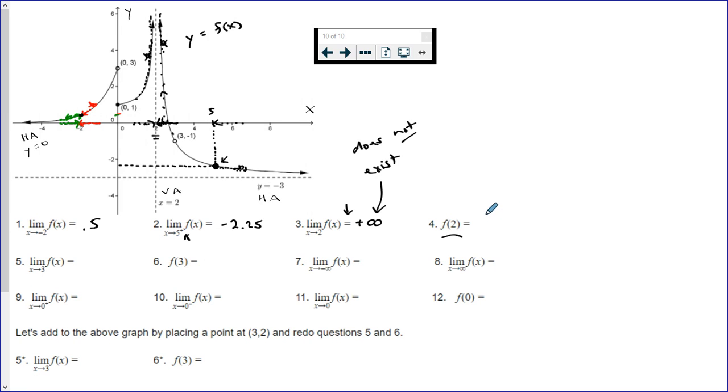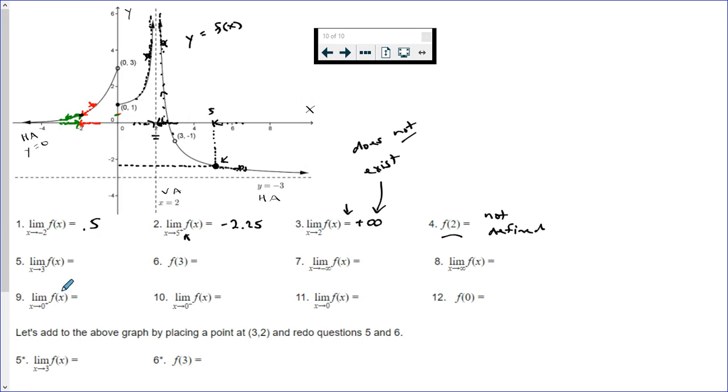So we would say that the functional value is not defined or undefined. Could you say it does not exist? And yeah, you could. It's just for whatever reason, typically when limits don't exist, we say the limit does not exist. And when there is no functional value associated with an input value, we typically say it's not defined or undefined. All right, it's kind of semantics, but that's how we're going to proceed moving forward.